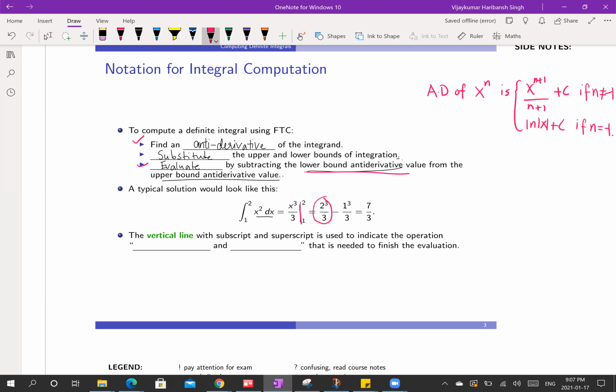The vertical line with subscript 1 and superscript 2 is a small notation to indicate the operation of substituting and subtracting, which is needed to finish the evaluation.